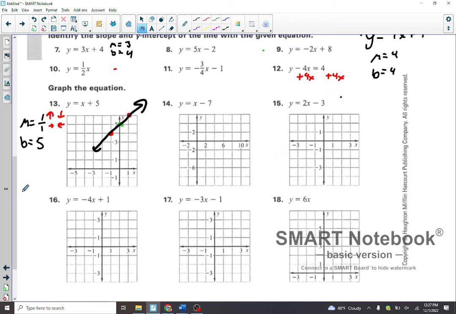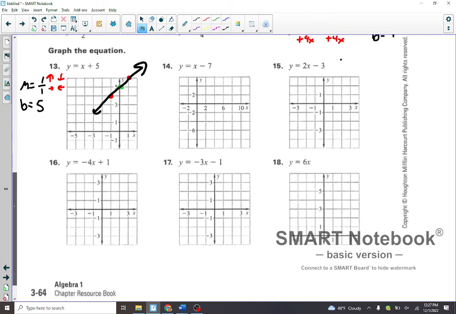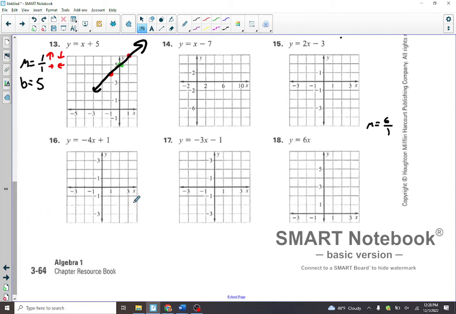One I want to talk about is number 18. We did 14. I'm going to do number 18. Here, my m is 6/1, because there's a whole number 6. My b in this case, I don't see anything.